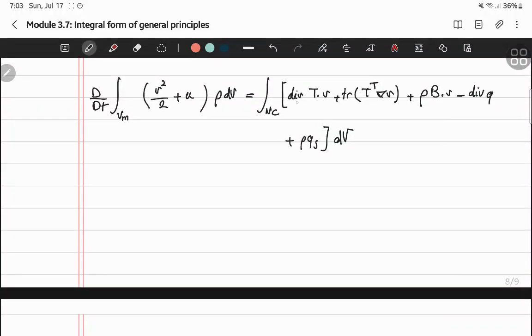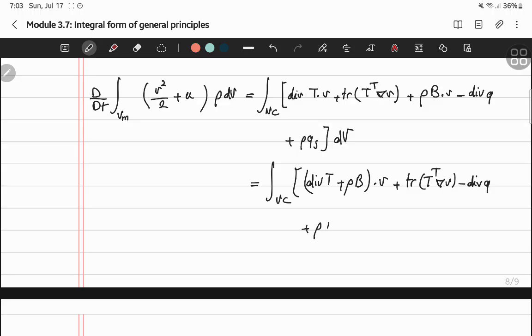So if we take this divergence with this, so we have V_c, so this divergence of t plus rho b dot v, plus then we have this trace of t transpose del v minus the divergence of q plus rho q_s dV.